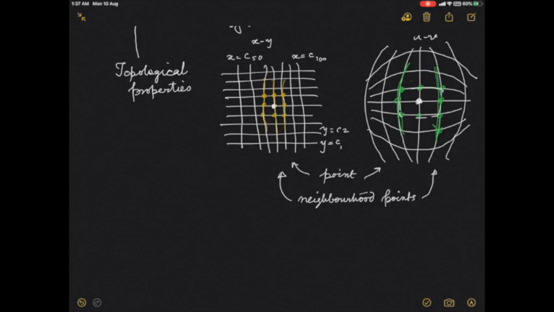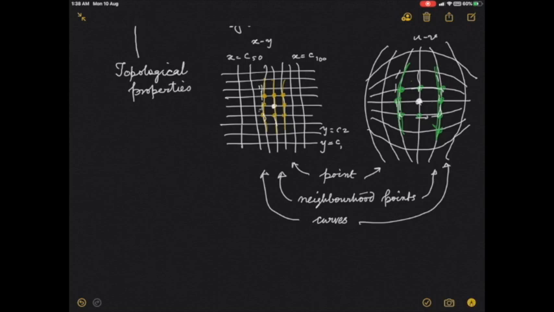What else? Curves. Curves which are in the neighborhood here stay as neighborhood curves there. So these three curves are in the neighborhood, and here also these three curves are in the neighborhood. Okay, so the first thing is that the curves remain curves here. A curve does not shrink to a point.